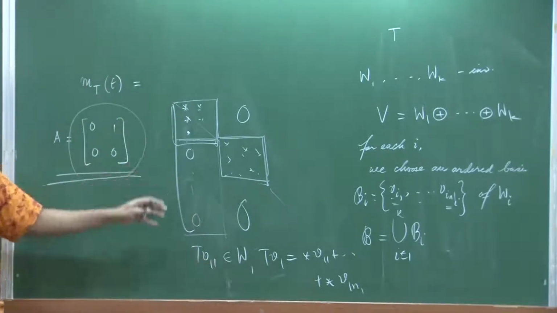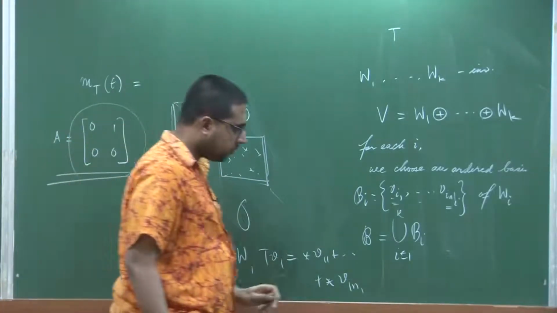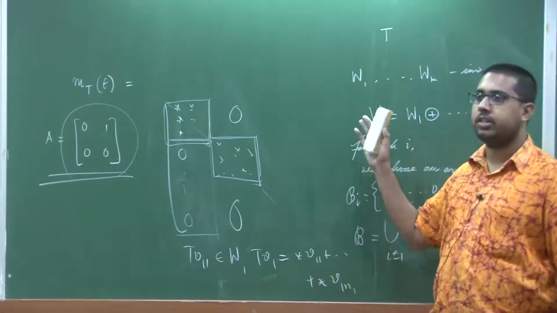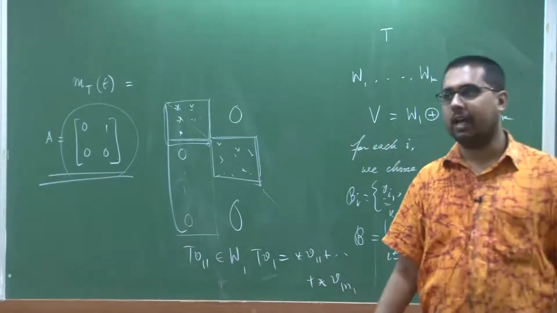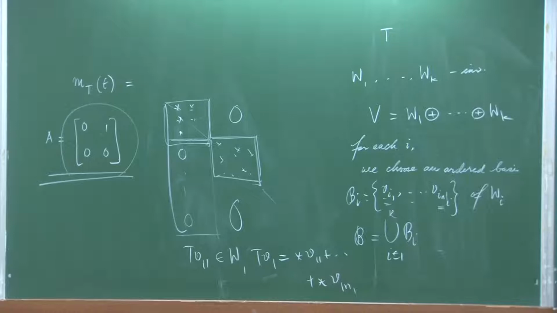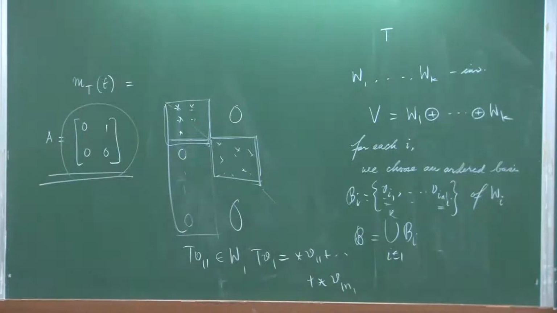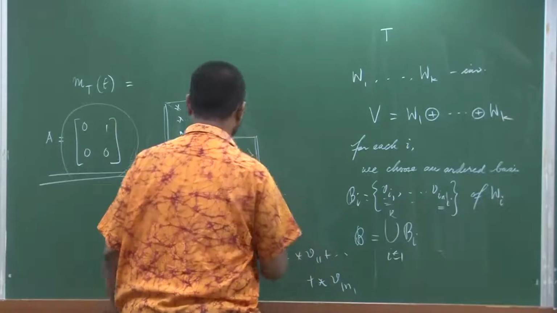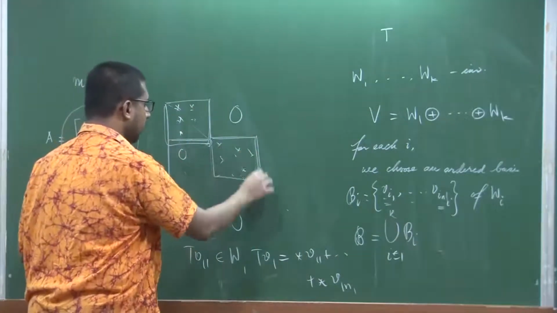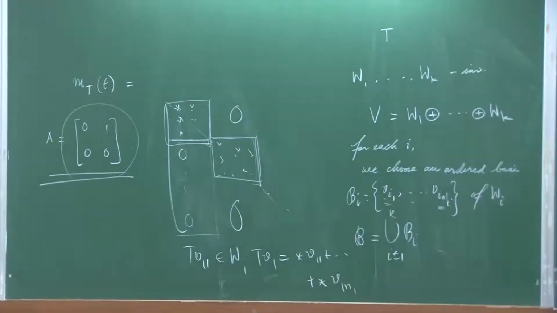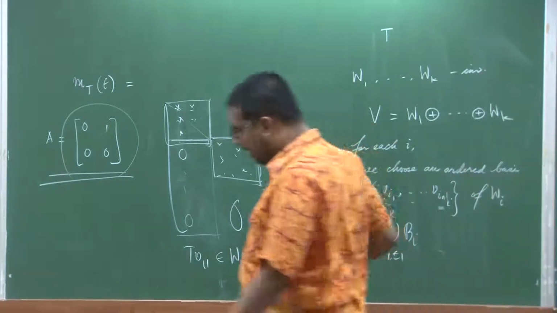So now we are convinced why this situation is more general than that of diagonalizable operators, because for diagonalizable operators this is what was happening with something extra, but in general there is no need that it will happen. At most we can say that the non-zero entries can lie in the blocks along the principal diagonal.